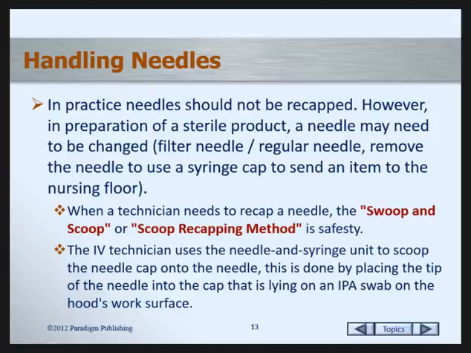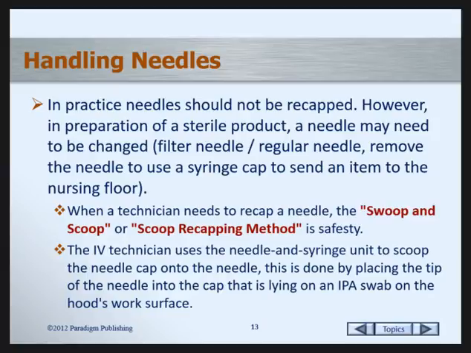When a technician needs to recap a needle, the swoop and scoop or scoop recapping method is safest. In this case, the IV technician uses the needle and syringe unit to scoop the needle cap onto the needle. This is done by placing the tip of the needle into the cap as it is lying on an IPA swab on the hood's work surface area.